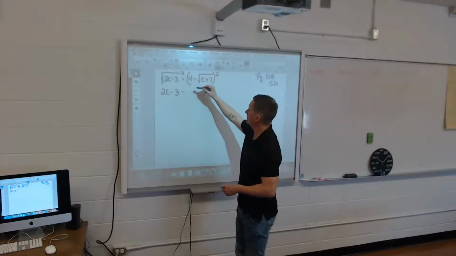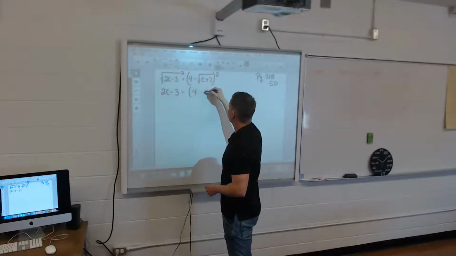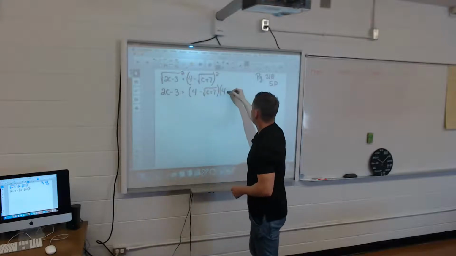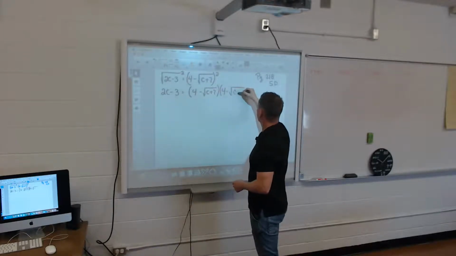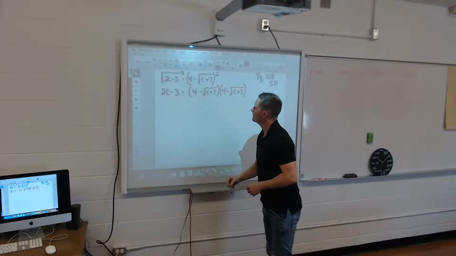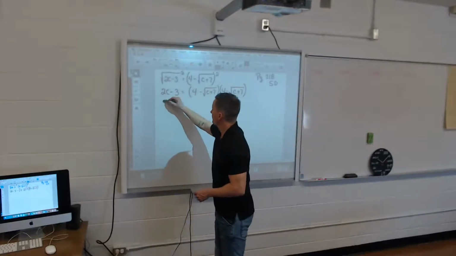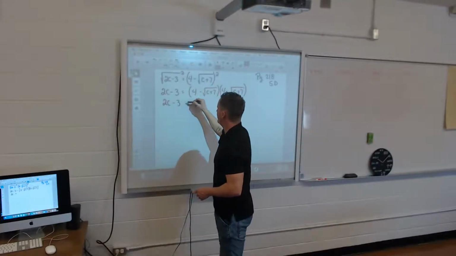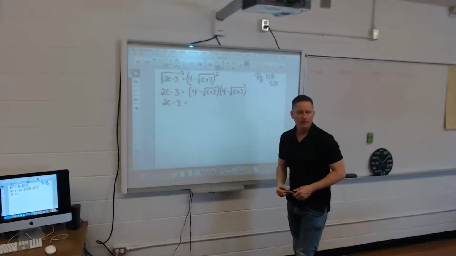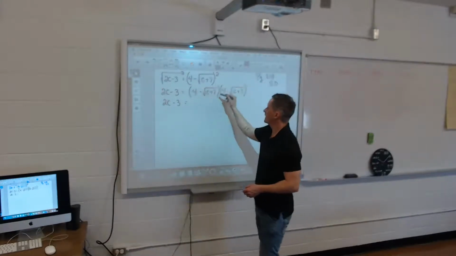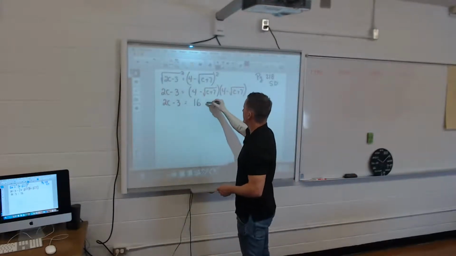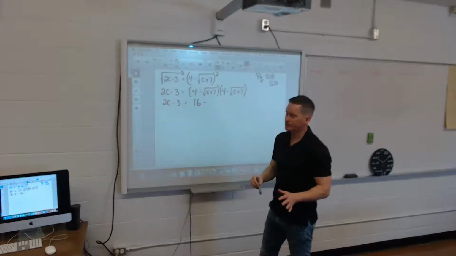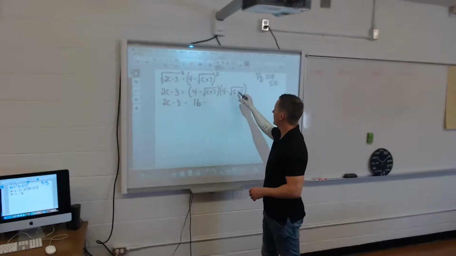And then I have to now multiply this out. Okay, 2c minus 3 equals. All right, FOIL again, 4 times 4, 16. I'm going to shortcut just to save some time. 4 times this is negative 4 root c plus 7.